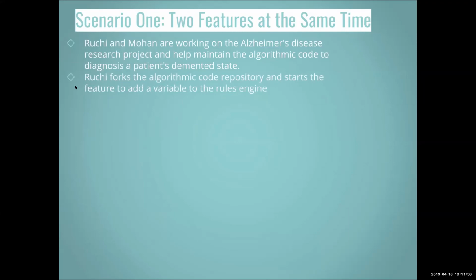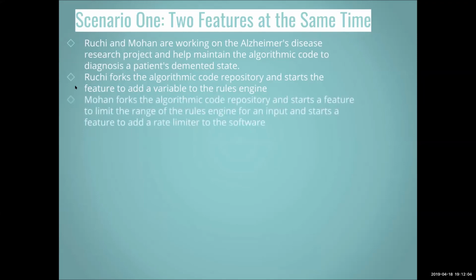Ruchi forks the algorithmic code repository and starts a feature to add a variable to the rules engine. Mohan also forks the repository and starts another feature to limit the range of the rules engine for an input, and starts a feature to add a rate limiter to the software. So basically, Ruchi started one feature branch to do one specific thing, and Mohan started two feature branches.